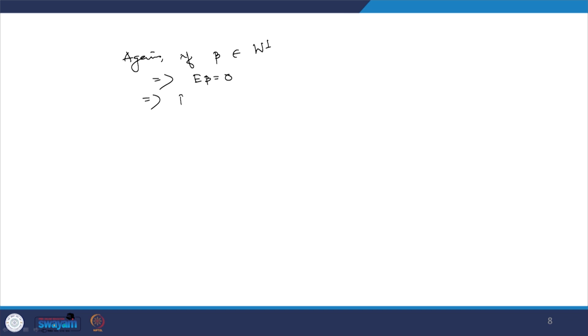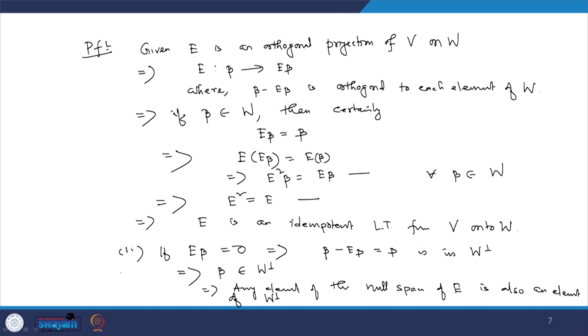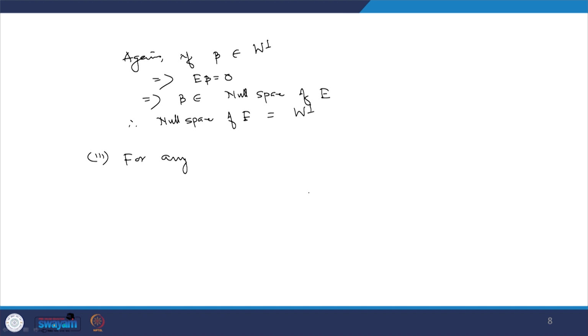So, this implies beta belongs to null space of E. So, null space of E equal to W complement. Third, this is third one, this is my second and the first one. Okay. For third one, I have to show that V is the direct sum of W and W complement.